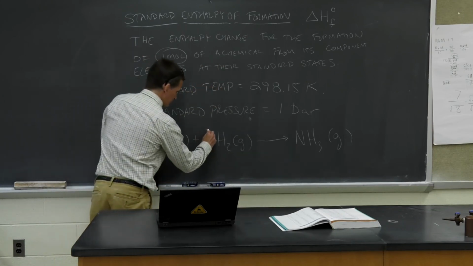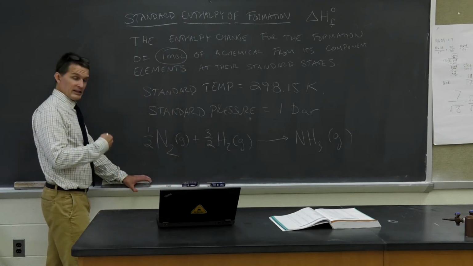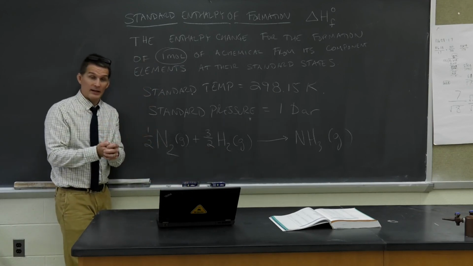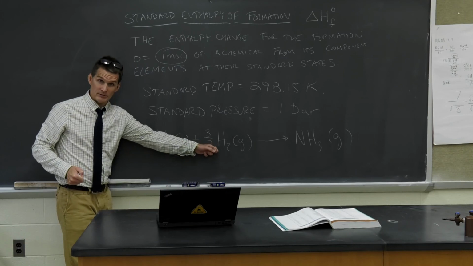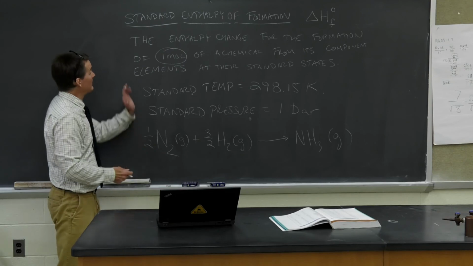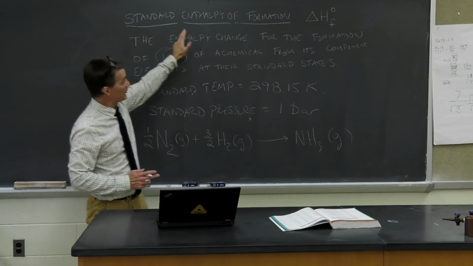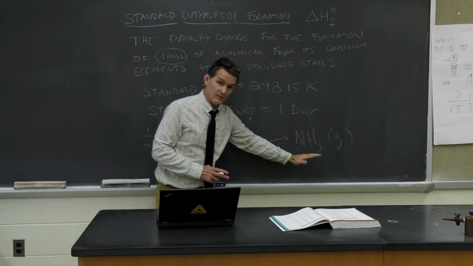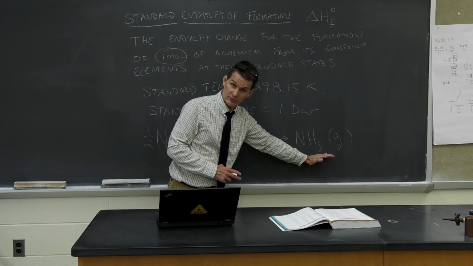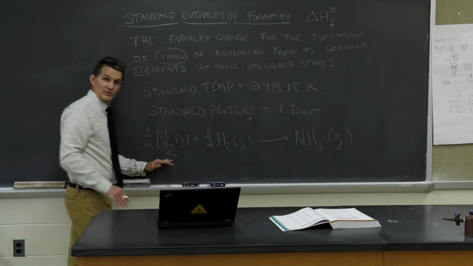Similarly, we can write 3 halves H2, because if I take 3 halves of those molecules, then I end up with 3 hydrogen atoms. So this would be the appropriate way to write the chemical equation that indicates the standard enthalpy of formation of ammonia. You make 1 mole of the product that you're interested in, ammonia in this case, and we make it from the elements in their standard states.